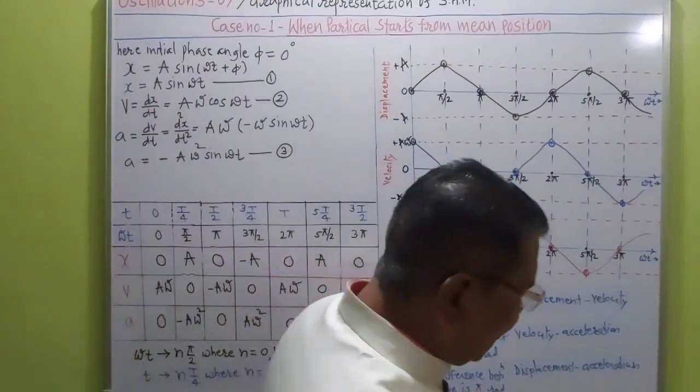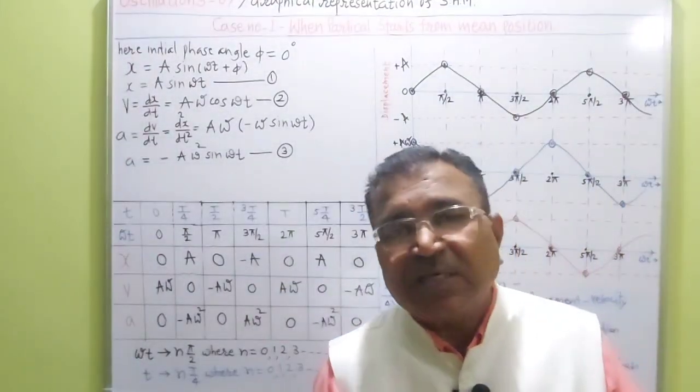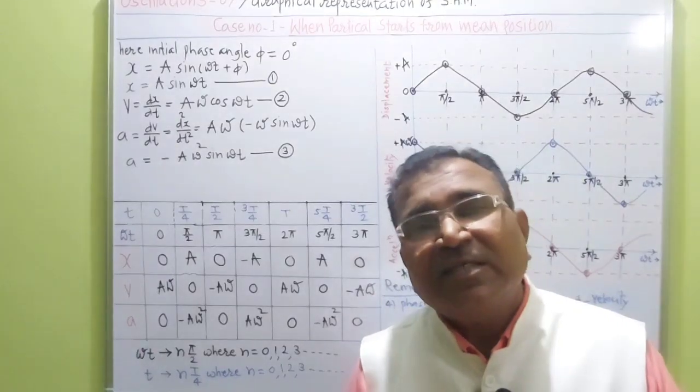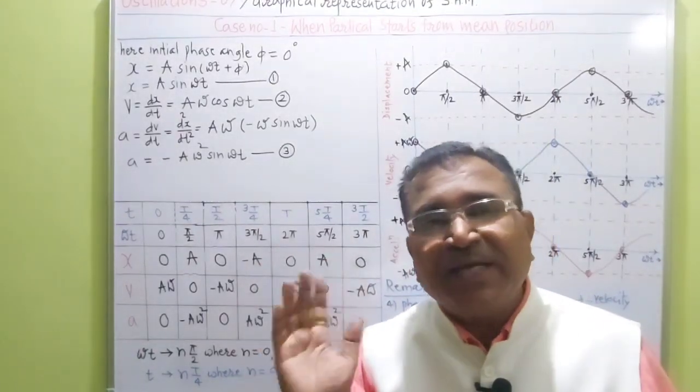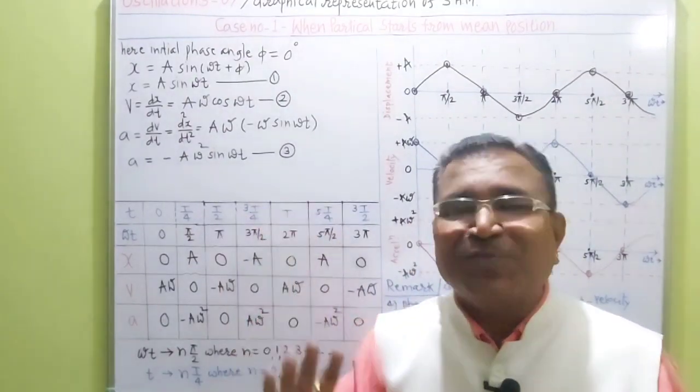In this way, these are the 6 conclusions we comfortably write by making use of the nature of the graph.